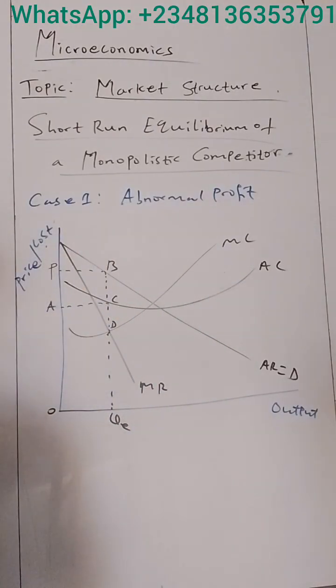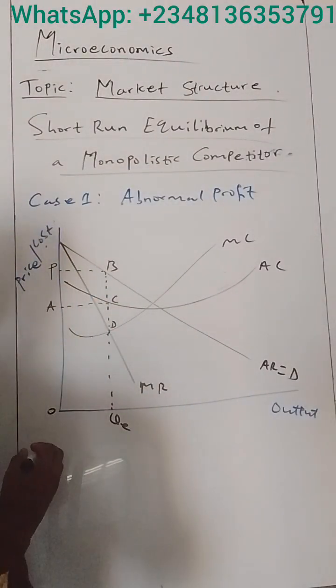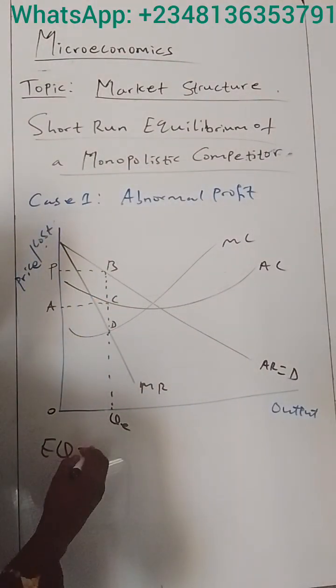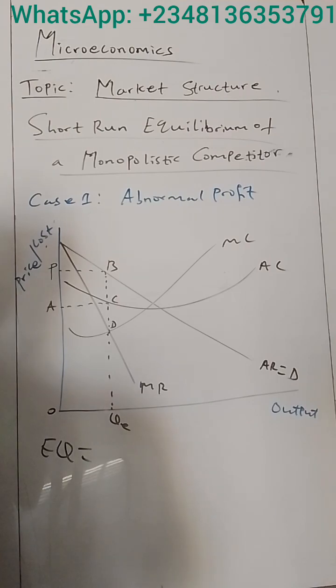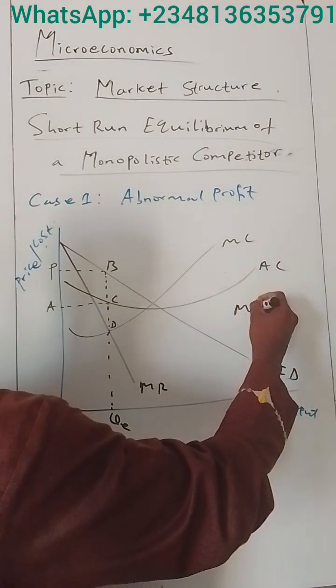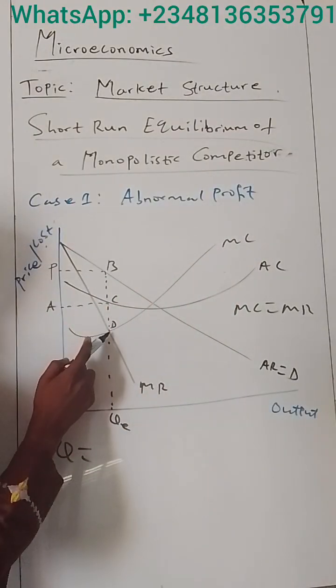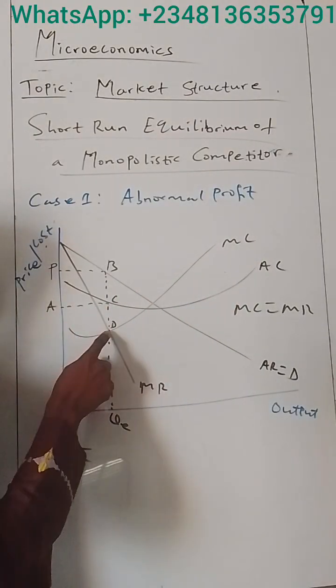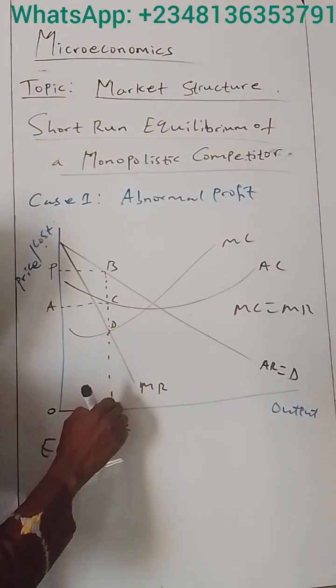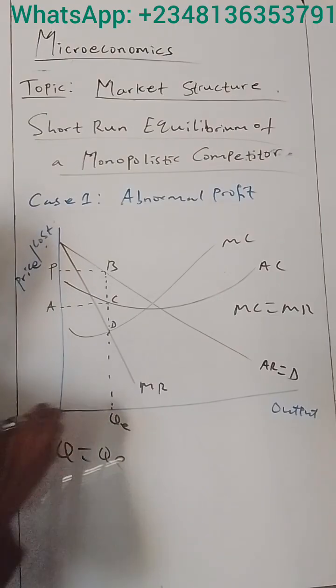I'm going to explain the essence of doing this. From this diagram, the equilibrium quantity is obtained where we have MC equal to MR. You see that this is MC and this is MR. This is where they meet at point B. That's the equilibrium point. The corresponding output level is QE, which is here.